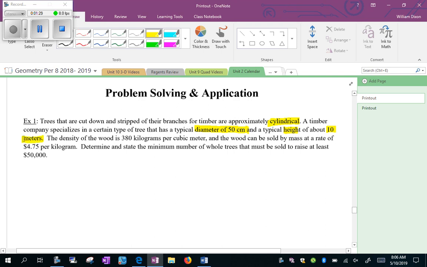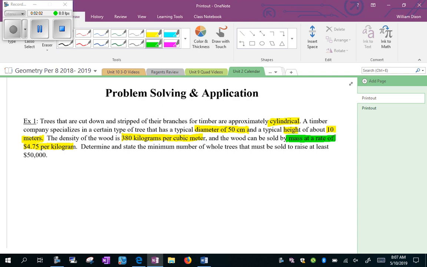The density of the wood is 300 kilograms per cubic meter, and the wood can be sold by mass at a rate of $4.75 per kilogram. Something else I'm going to underline: the wood can be sold by mass. I think that's important because that is going to tell us what we need in order to determine how many whole trees we need to sell.